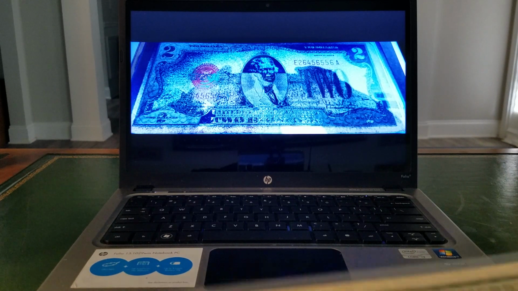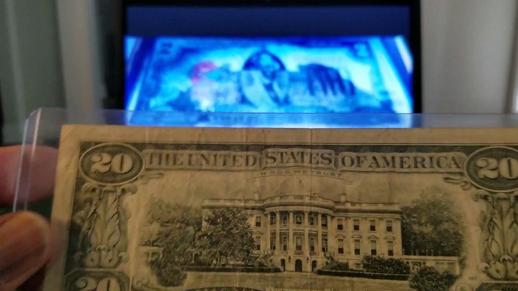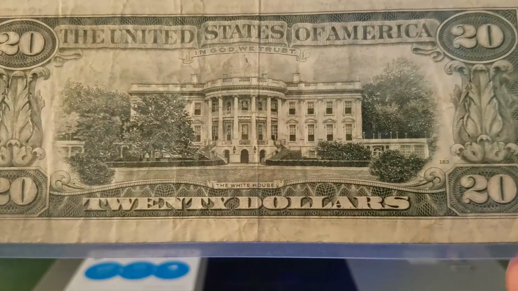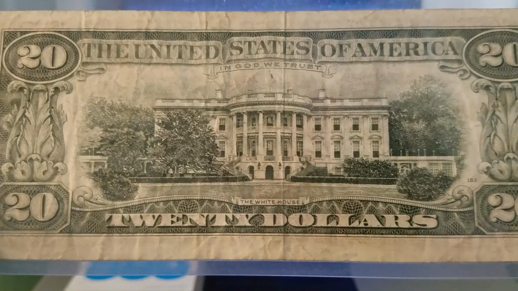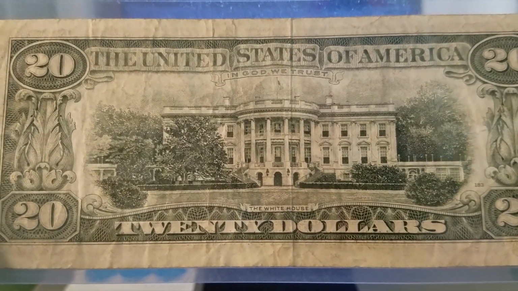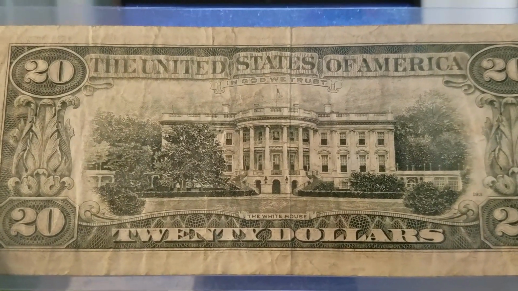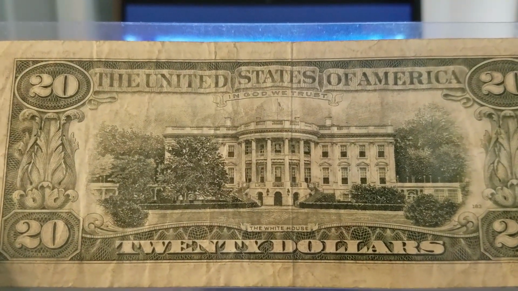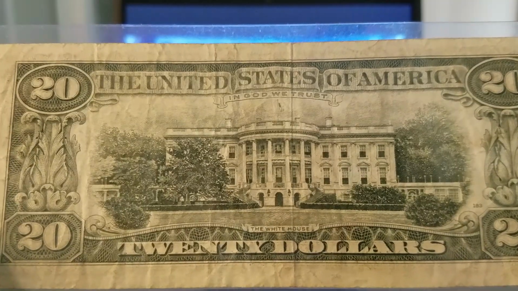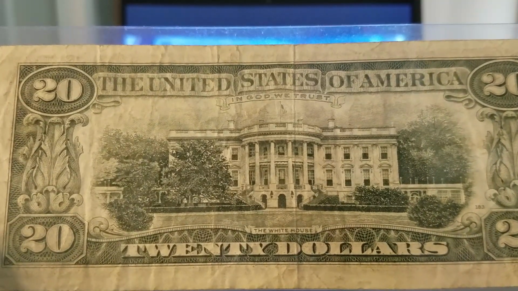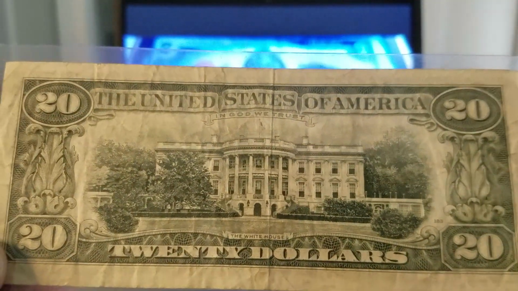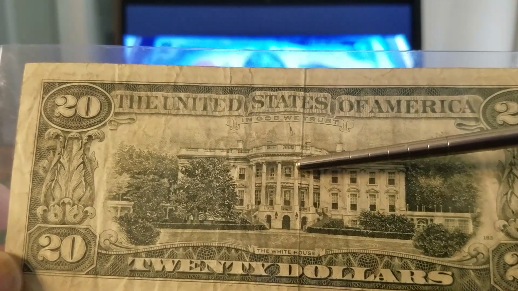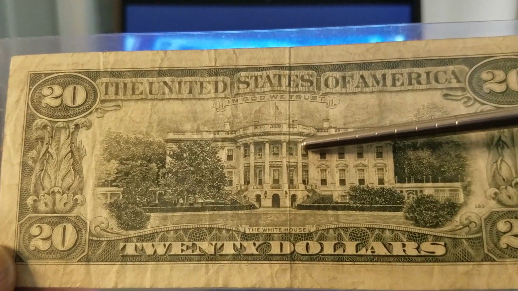Okay, so on the $20 bill, we have 1600 Pennsylvania Avenue. This here is a neoclassical design. Construction started October 13, 1792, and was completed November the 1st, 1800. As you can see, it's the Truman balcony from the south view of the White House.